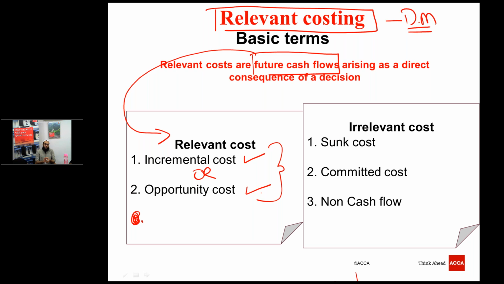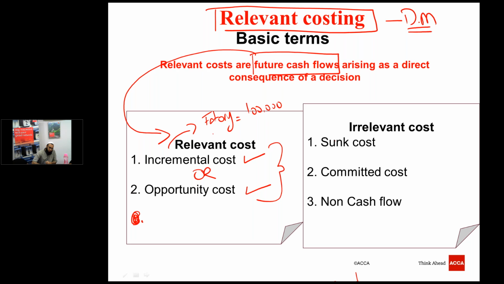What is incremental? Because of your decision, anything that increases or decreases is a relevant cost. For example, you have one factory. The cost of the factory is 100,000.